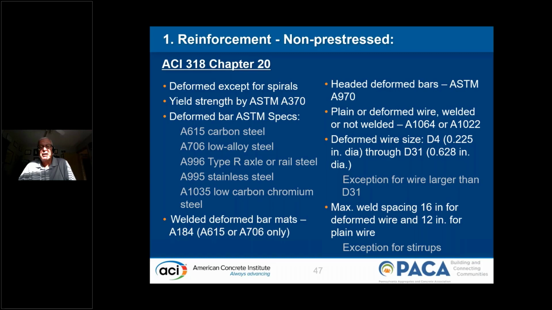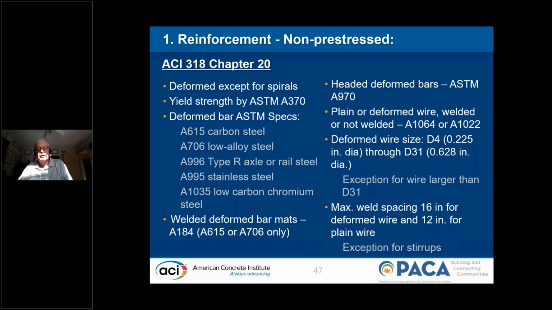So for non-prestressed typical reinforcement bars, the IBC sends you to chapter 20 of ACI 318, and it has all sorts of requirements for the type of rebar. Everything needs to be deformed except for spirals. What the yield strength needs to be and how it's to be determined. The type of bars that are allowed. There's different types of steel.